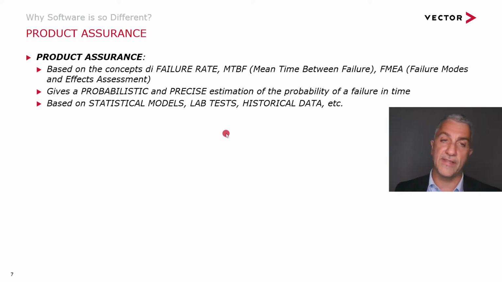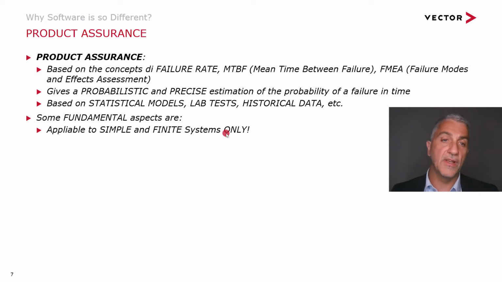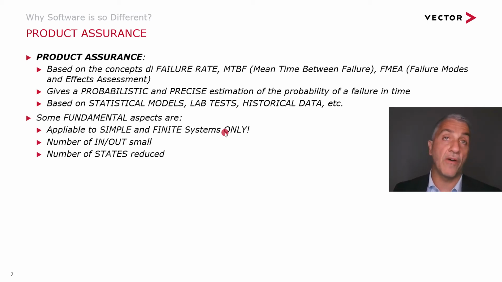You can study statistical models, you can do lab tests, you can analyze historical data, etc. And what are the aspects of product assurance? That it applies only to simple and finite systems, where the number of input-output is small, the number of states is small, is reduced.